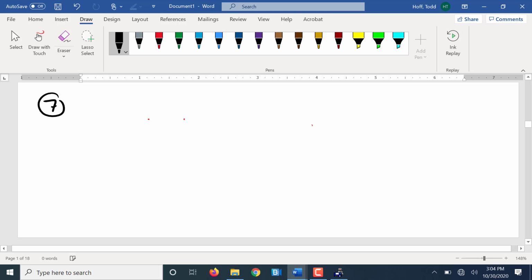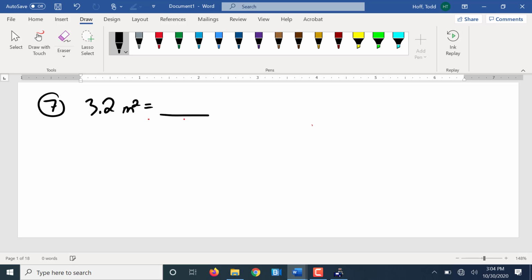For number 7, .2 meters squared going into centimeters squared. Well, we've got decimeters, meters, decimeters, centimeters, and millimeters. To go from meters to centimeters, it is 2 spots to the right, which would be times 100.